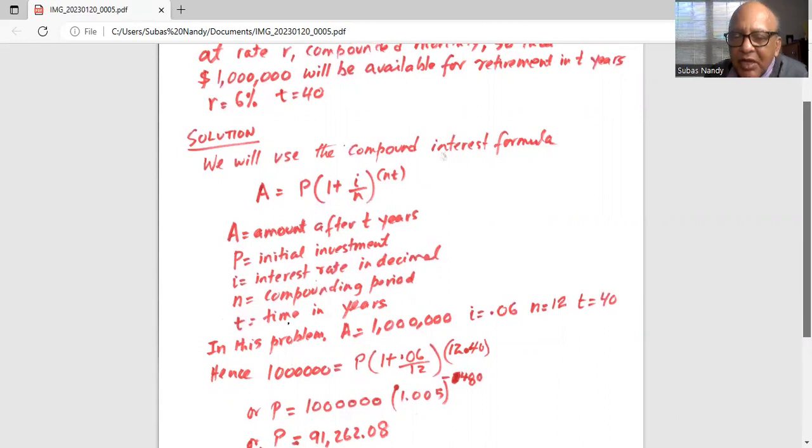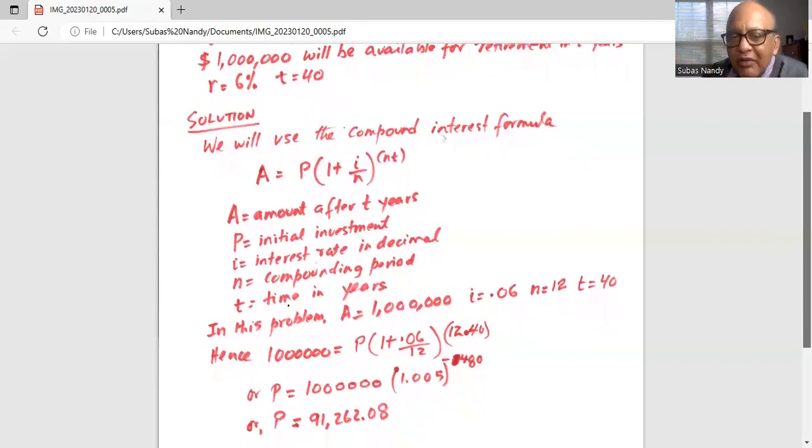Now you can divide by 1.005 exponent 480 on both sides, and you will be left with P on the right hand side. So on the left hand side of the equation, it will be 1 million divided by 1.005 exponent 480, and that is equal to P. So P is actually equal to 1 million multiplied by 1.005 exponent negative 480. 0.005 is coming from 0.06 divided by 12.